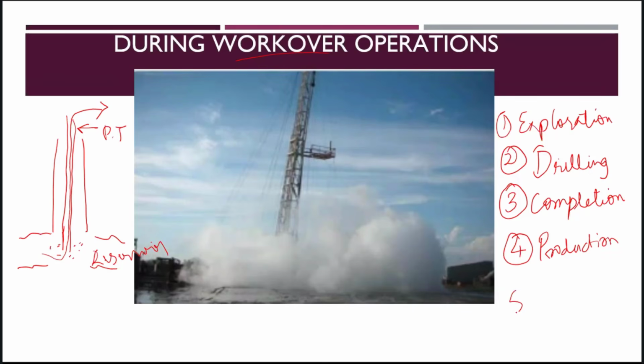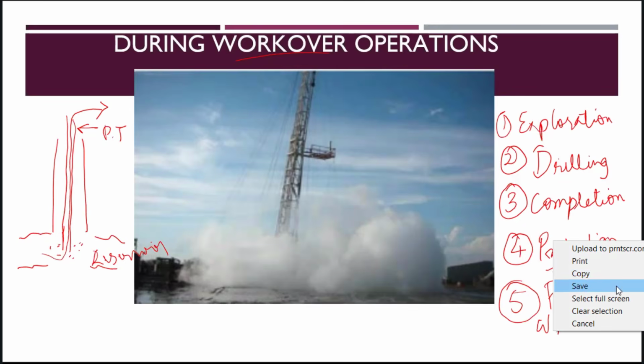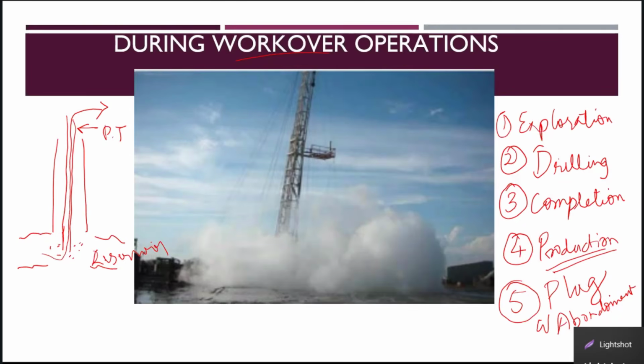And the last phase of the well is plug and abandonment. Plug and abandonment means once all the production is done and you have taken out all the oil which can be taken out effectively, after that you plug the well and you abandon it. Production actually goes around 20 to 30 years. Once you drill a well, it produces around 20 to 30 years.